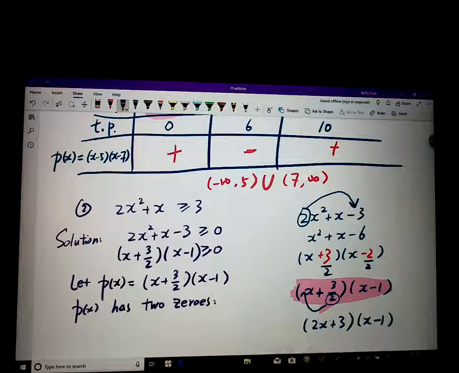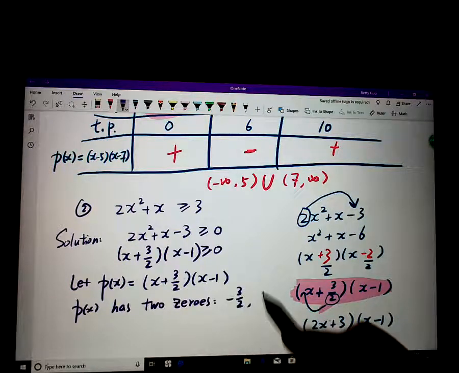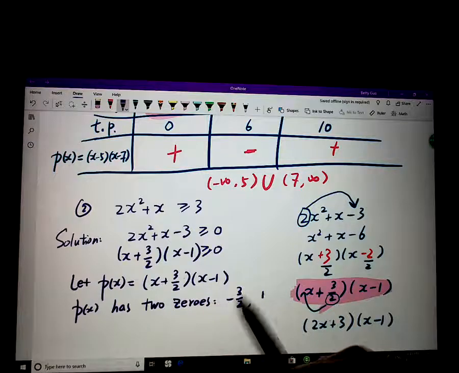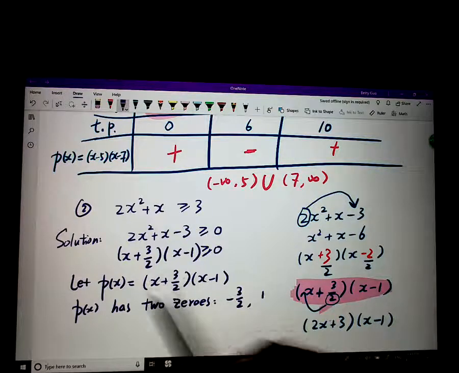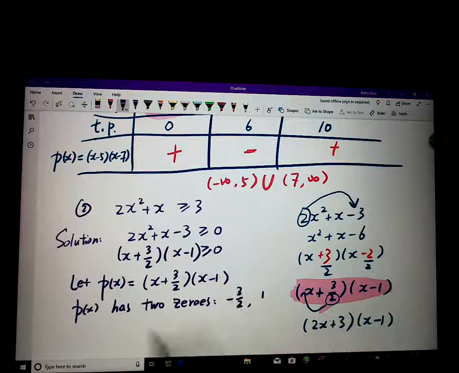I explained what is a zero of function earlier, right? The 2 zeros are negative 3 over 2 and a positive 1. Negative 3 over 2 would make this factor be 0. And 1 would make the second factor be 0. So the function P of x has 2 zeros.